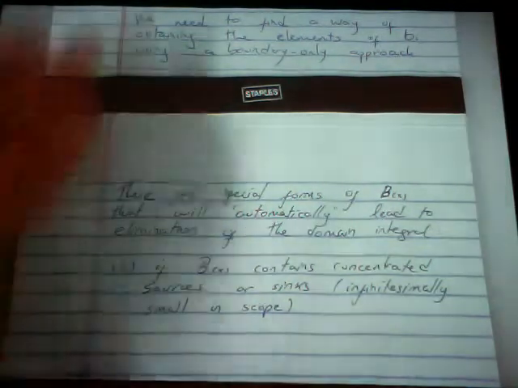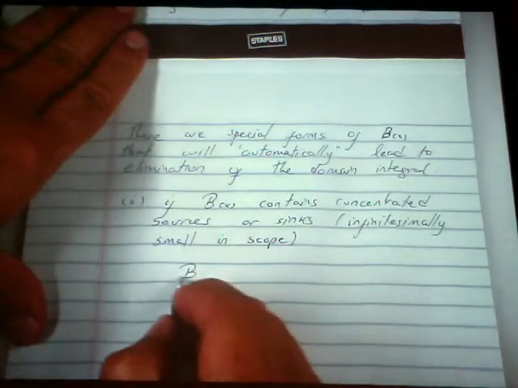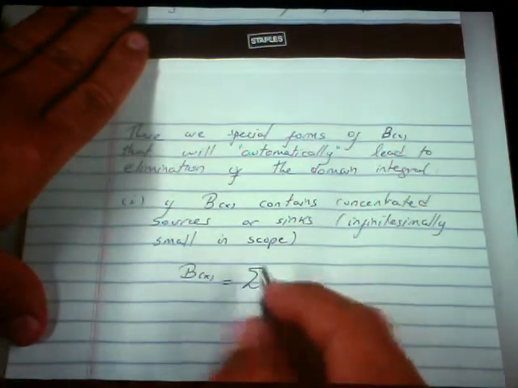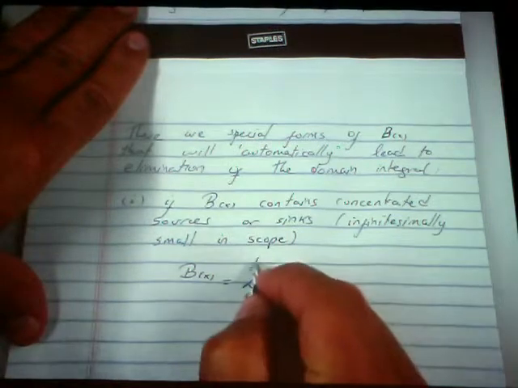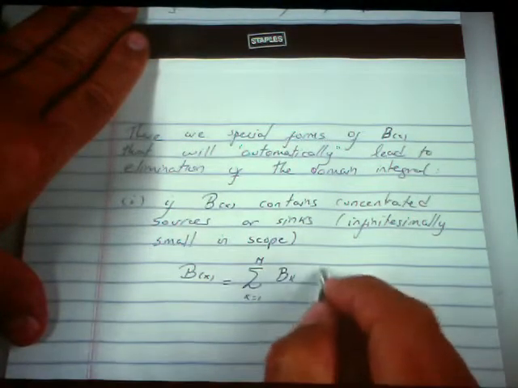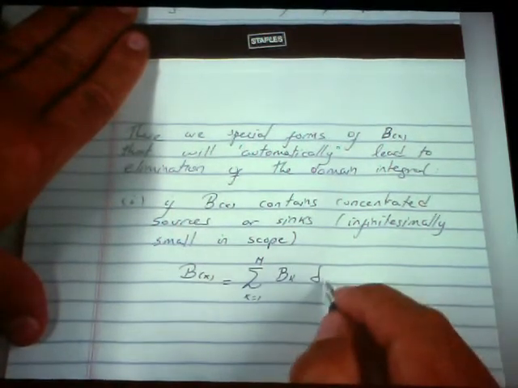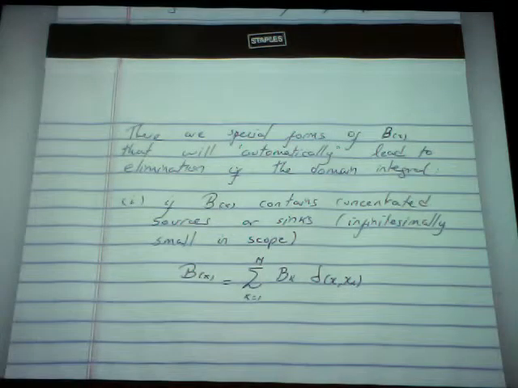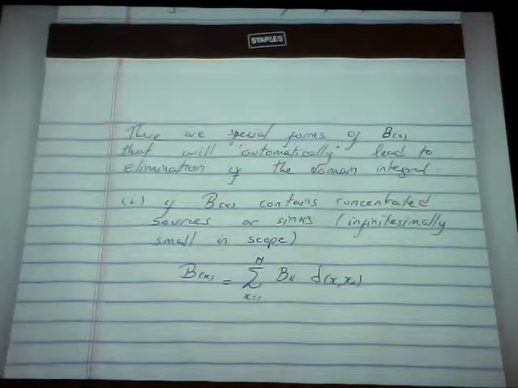In this case, B of X is modeled as a summation from k equal 1 to m of bk times delta of x, xk. That's a direct delta function. That's how we model an infinitesimally small source.